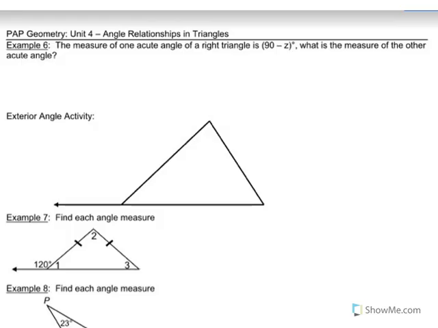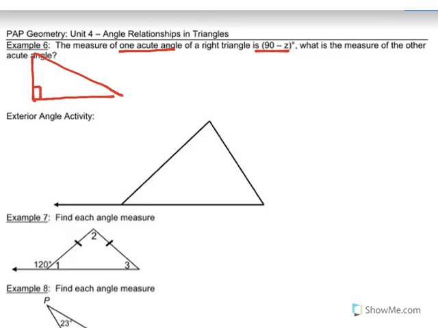Now, thinking about what we just showed on that last example, that the two acute angles of a right triangle are complementary, that's going to help us do example 6 here. So it says the measure of one acute angle of a right triangle is 90 minus z. What is the measure of the other acute angle? So I'm going to go ahead and draw a right triangle.